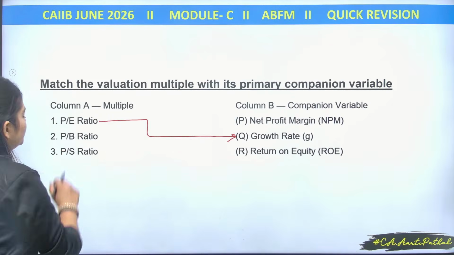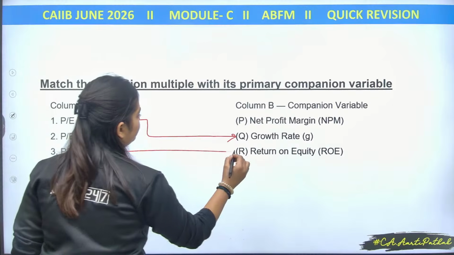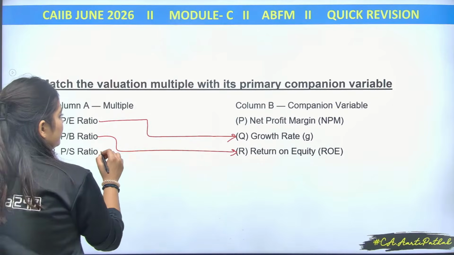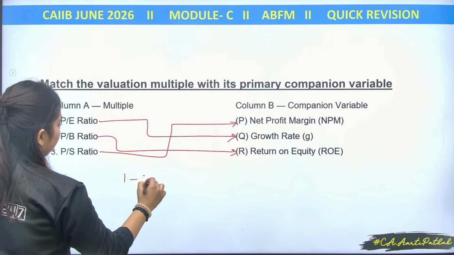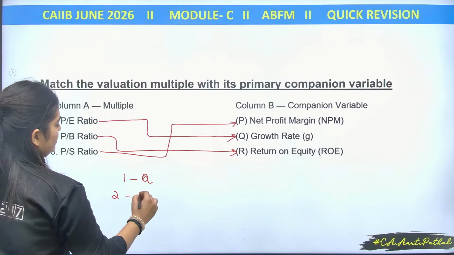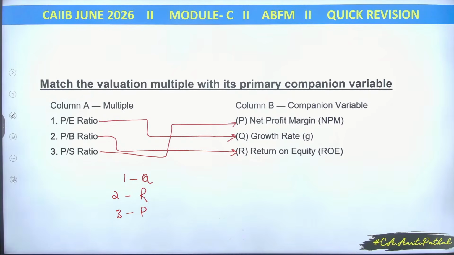And your PB value is given through your ROE. And PS value is given through net profit margin. So 1 Q, second R, and third, that is P. QRP. Yes, that is correct.